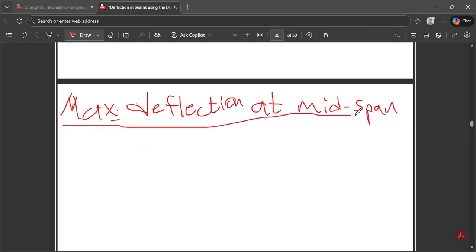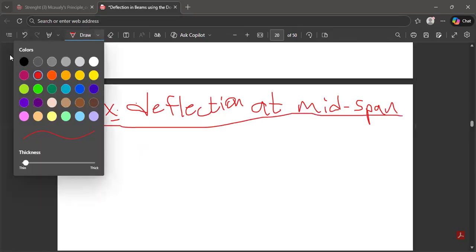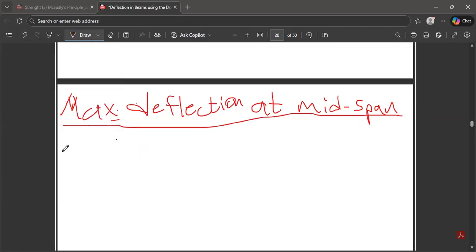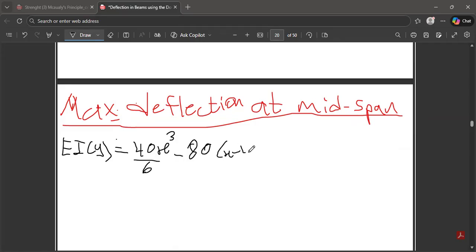So first of all, we have to write the deflection equation. And the deflection equation is the one that has y in it. So our EI y, now we have the y over here. Okay. And you see that this is equal to our 40 x cubed all over 6 minus 80 x minus 4 all cubed all over 6.